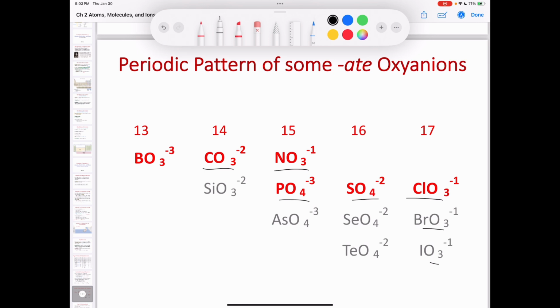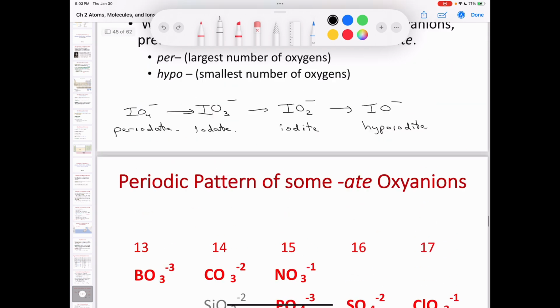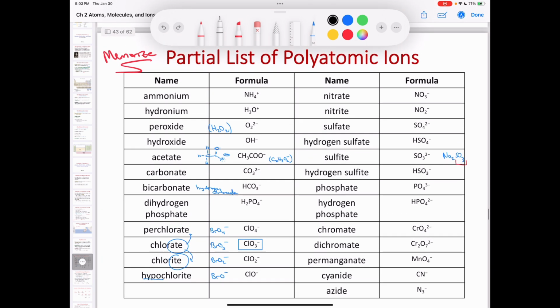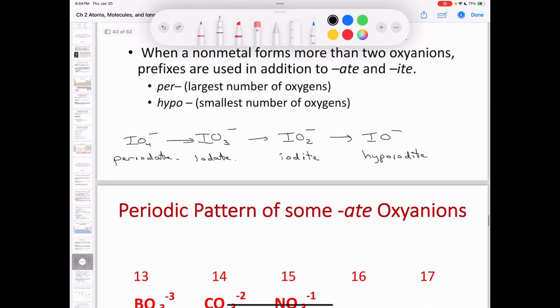You have the bromate and the iodate. Okay, anyhow, if you want to spend time memorizing these, it could be handy. I just put this in the slides a few years ago in case somebody finds this useful. But for me, I remember learning these, and this is kind of how I did it. I just started memorizing them, and I started naming compounds, made plenty of mistakes, but eventually I had them all down pat after a while.